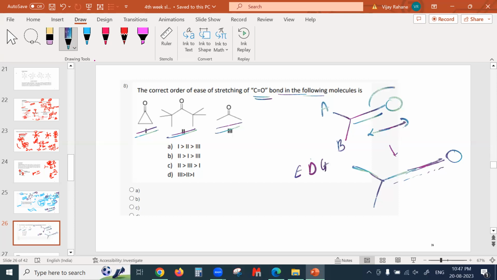Then the electron pair used for the carbon-oxygen bond is more polarized toward the oxygen, and it can convert into a single or partial single bond, so the bond length increases. We just need to write the structures in order of electron donating group. And here there is one exception they have given, this cyclopropane.